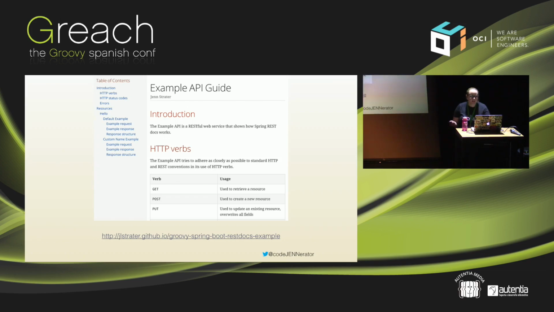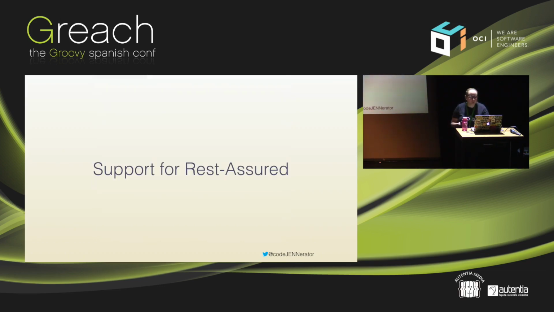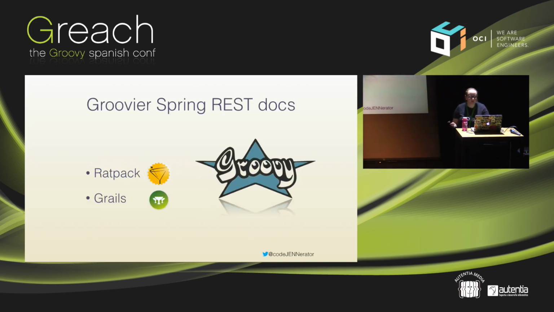Okay, so that is the first one. It's also really exciting that you can now use REST Assured. So REST Assured opens the door to some more frameworks such as Ratpack and Grails.